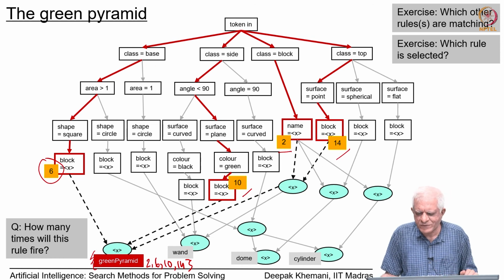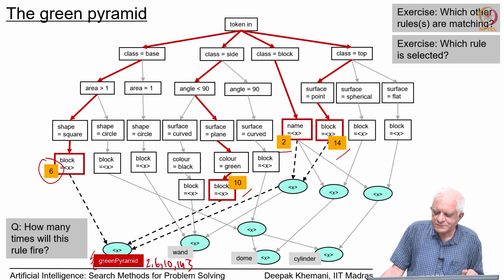So, there are some things I want you to think about a little bit. First one is here on the top right: which other rules are matching. You should look at the data or the working memory and look at the network or look at the rules equivalently. Remember that the rules and network are the same, and see which other rules are matching given the data.